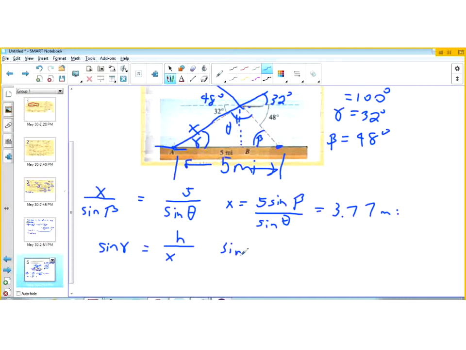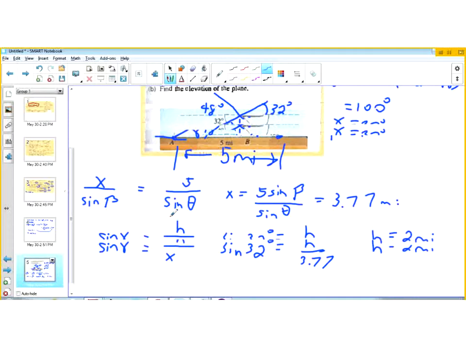So the sine of 32 degrees is equal to h over x, which is 3.77 miles. Then solving for h, h is about 2 miles. So a little less than 11,000 feet would be the elevation of the plane.